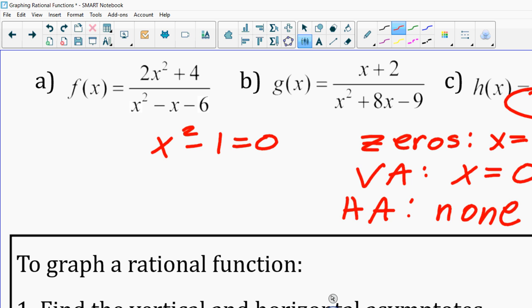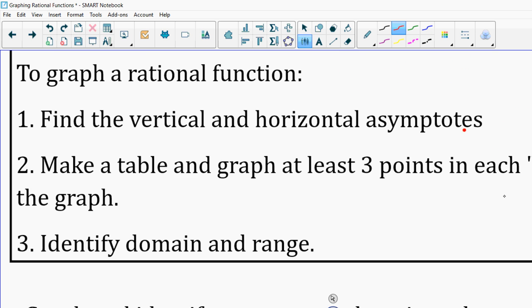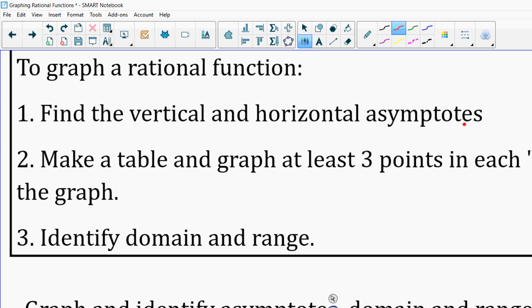Questions about how to find those three things? Okay. Now let's look. To graph a rational function, find the vertical and horizontal asymptotes and zeros. Make a table and graph at least 3 points in each part of the graph, meaning on each side of the vertical asymptote.